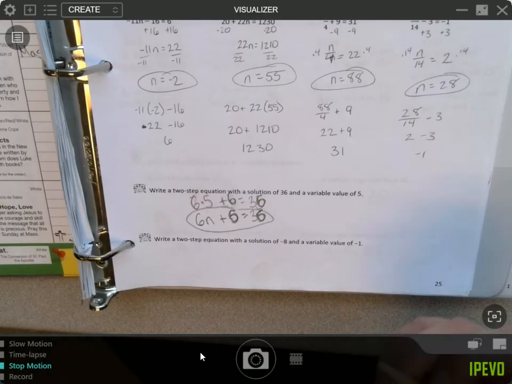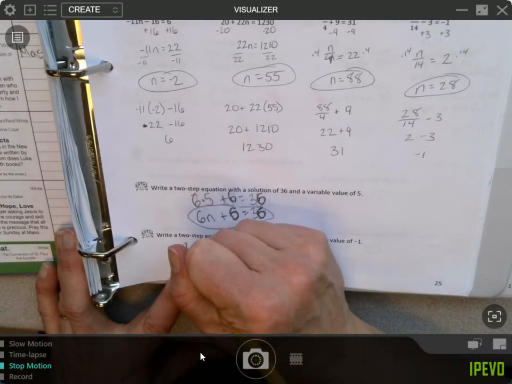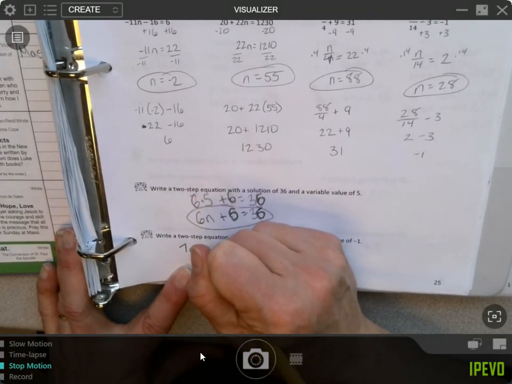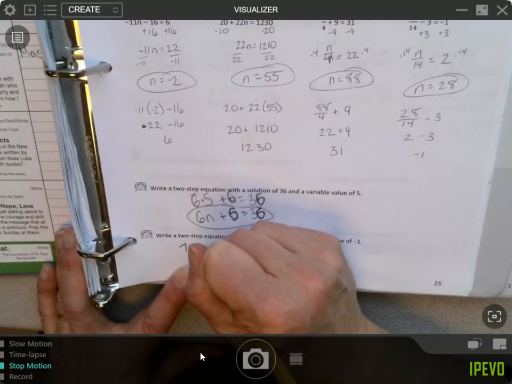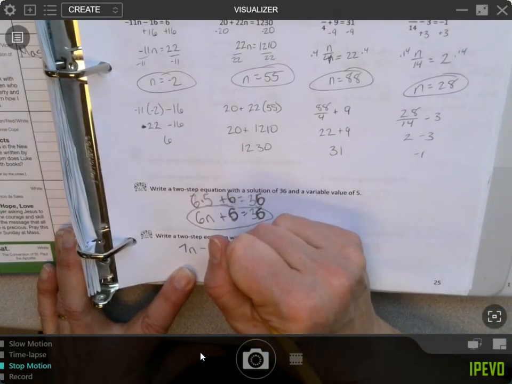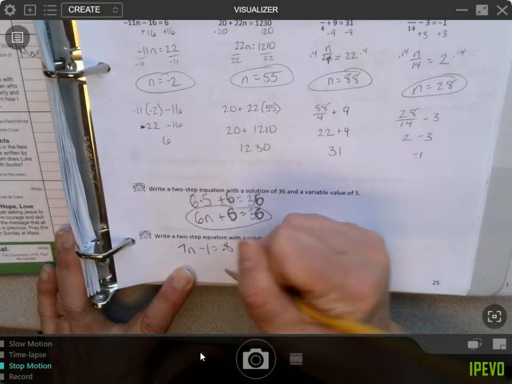Kylie. So 7n, what was the rest? Equals what? Or is it -8?